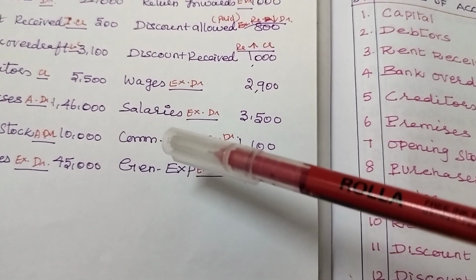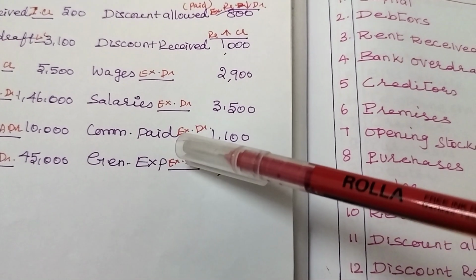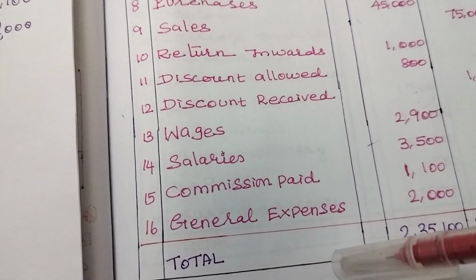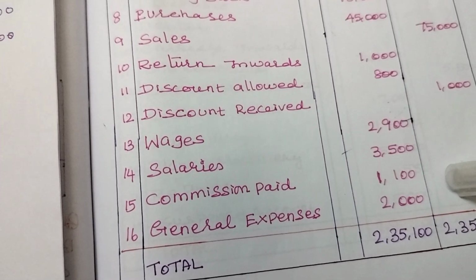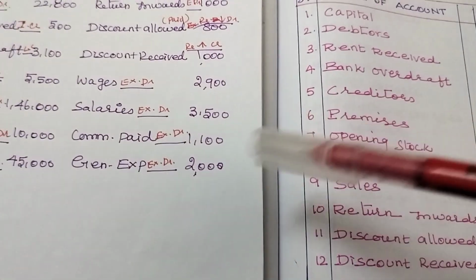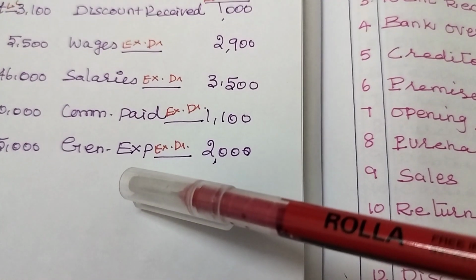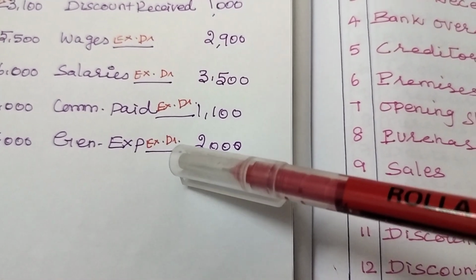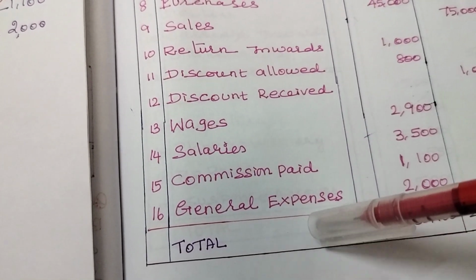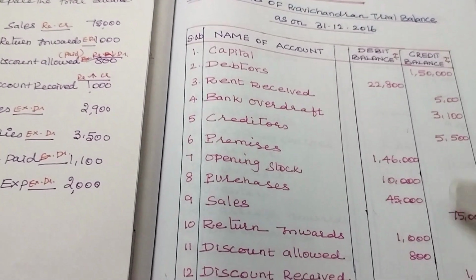Then commission paid. Commission paid is an expense, so it will be debited. So commission paid rupees 1,100 is entered on debit balance. Then general expenses 2,000 rupees. All expenses are debited. So general expenses 2,000 rupees is entered on debit balance.